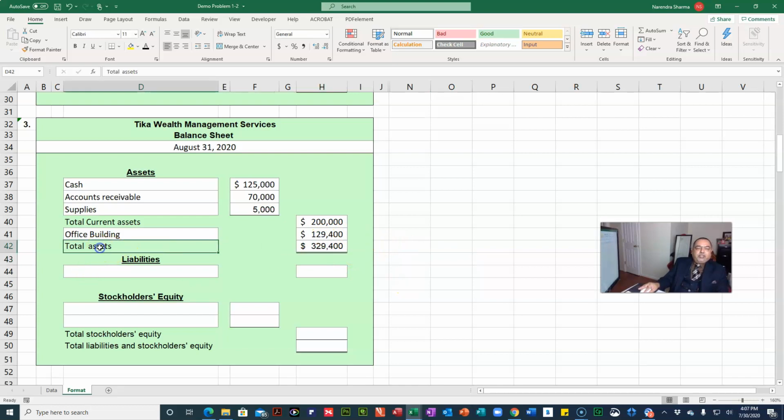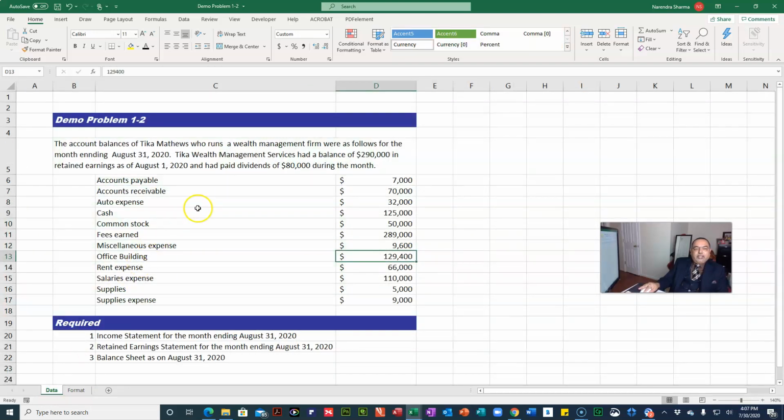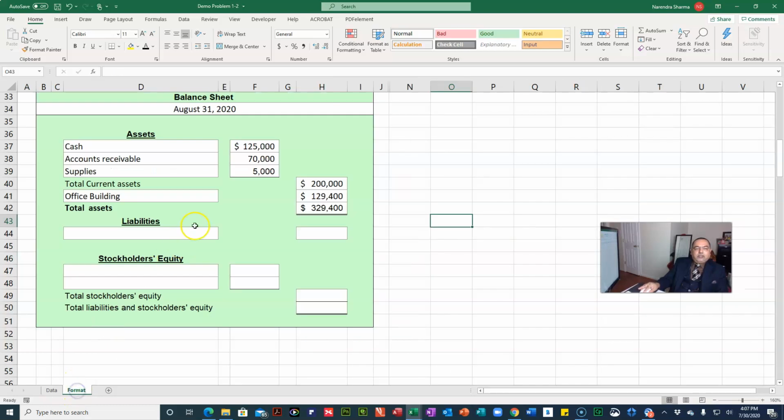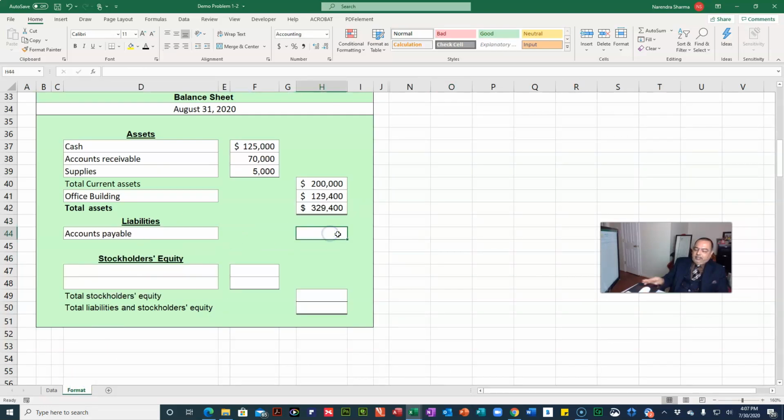Okay, so it is better that we bold this because it is our heading. And then we are going to go on to the liabilities. If you look at the liabilities, I think we have only one, that's the accounts payable. So let's use that one, accounts payable, and there is 7,000.